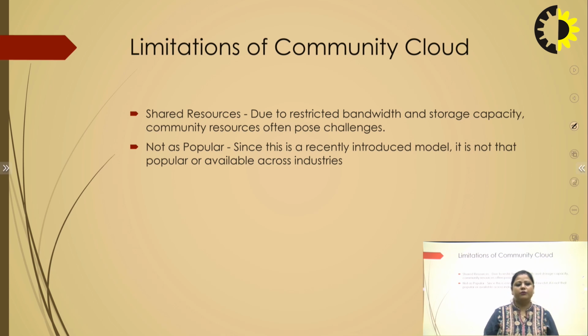The scalability of community clouds is typically less than that of a public cloud because the resources are shared among a limited number of organizations and the infrastructure is designed to meet the specific needs of the community rather than accommodate indefinite growth. So, when we talk about capacity planning, growth within the community must be carefully planned and managed, which is challenging if new members join or existing members expand their needs.